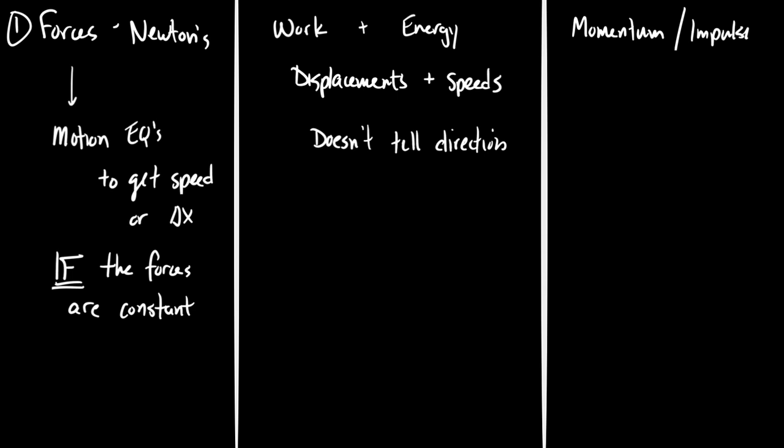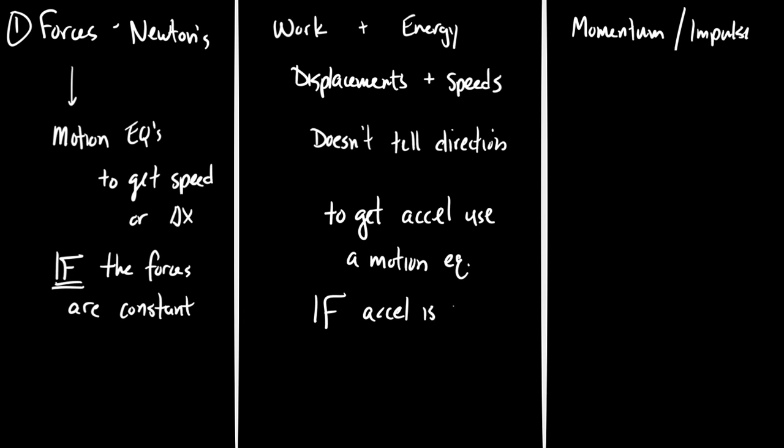That's why with the v being squared all the time, remember, every time you take the square root, you have to decide whether that root is positive or negative to help you determine direction. Now, at the same time, you can get acceleration. You'd have to use a motion equation. Again, if the acceleration is constant.